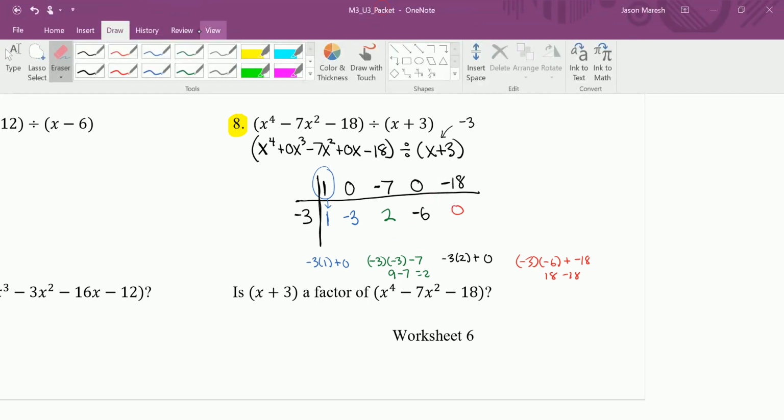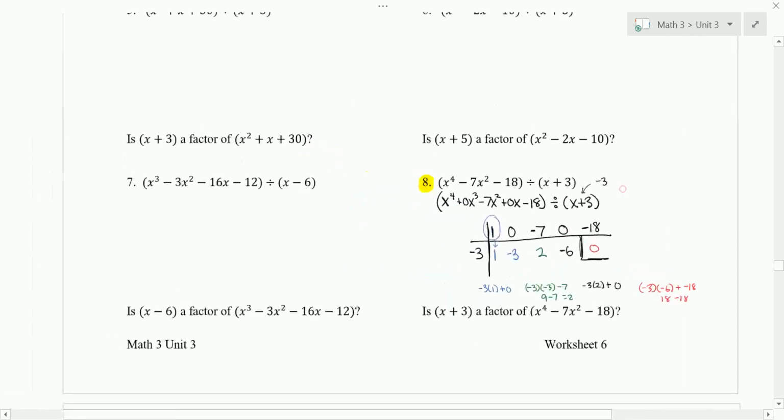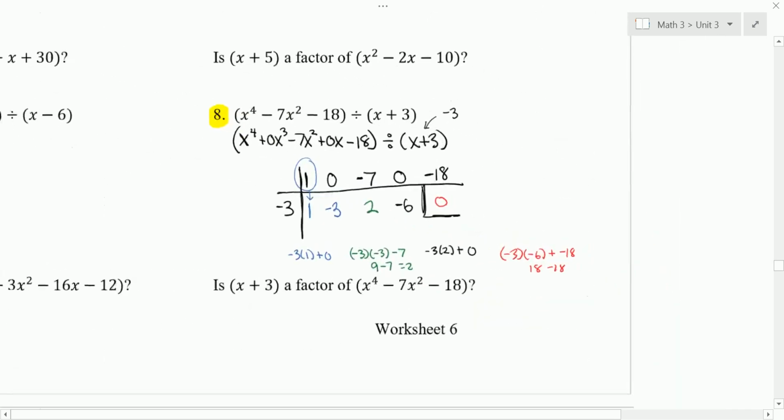So that last number is your remainder, and so usually I'd separate it. So the 1, negative 3, 2, and negative 6 is your quotient. And so we've used synthetic division, and if we want, we could bring this out of synthetic division. So these are the coefficients.